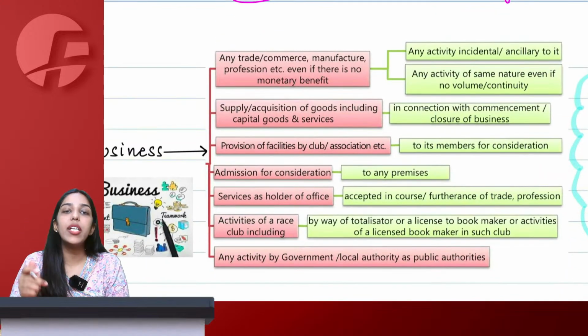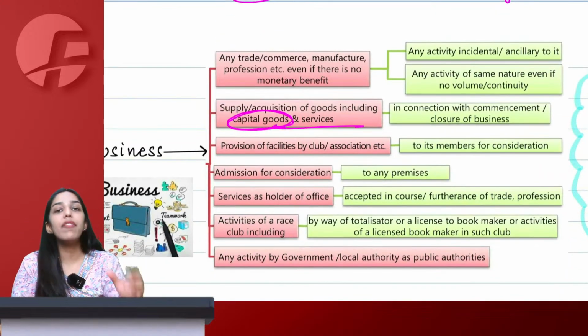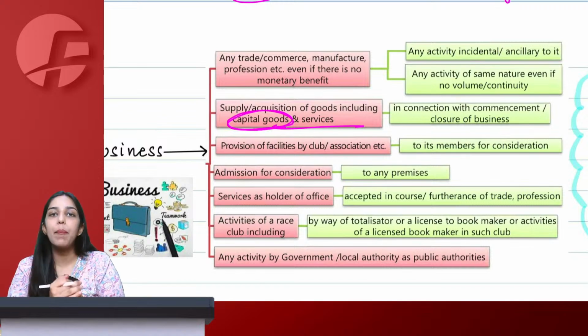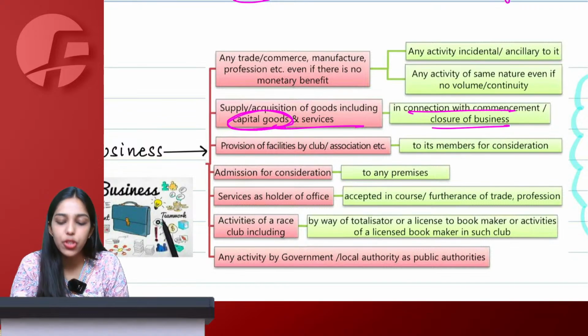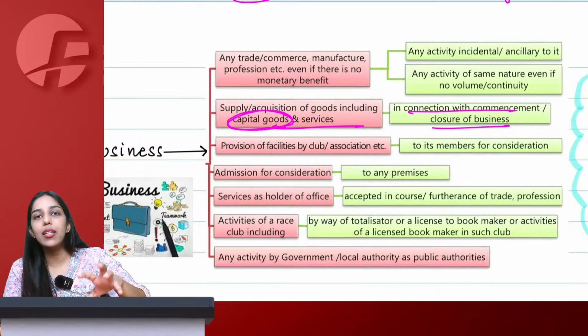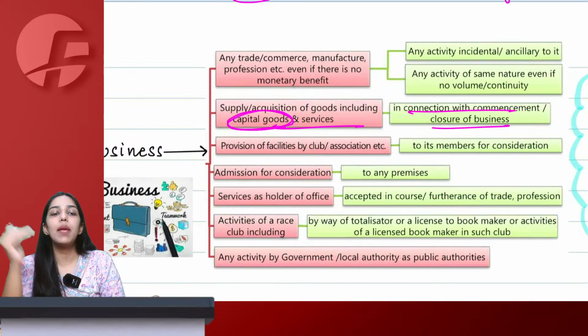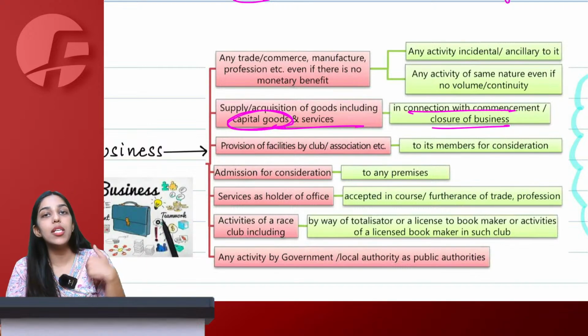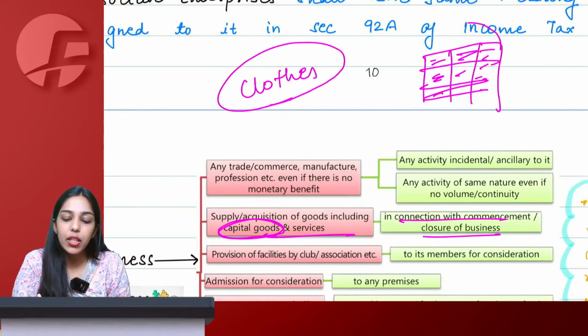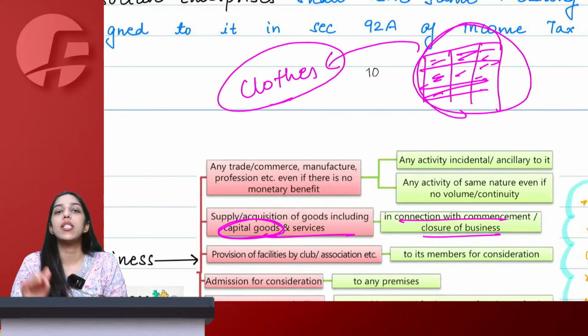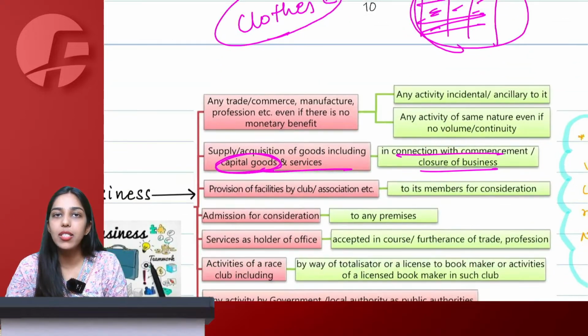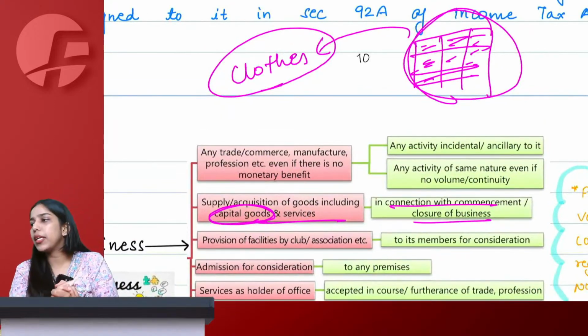But the furniture, the capital goods, I have acquired or I have supplied the capital goods because it is in relation to my business. I was starting the business, so I purchased the furniture. Today I am shutting down my business, I am selling this furniture. My business is not to deal in furniture, but the furniture is related to my business, and therefore this purchase and sale of capital goods will also be considered as business only. Is this point clear to us?